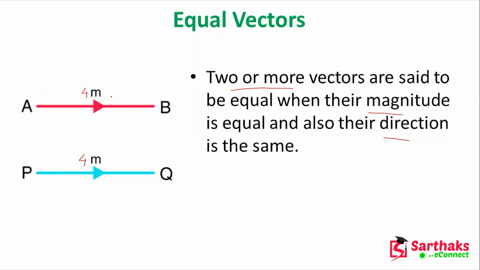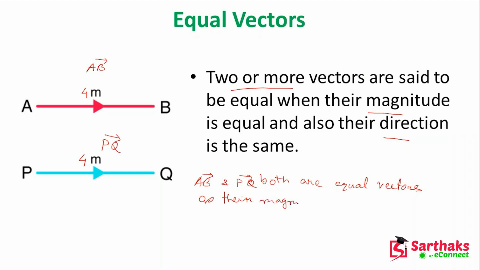That means the length of vector AB, this is vector AB, this is vector PQ. So vector AB and vector PQ both are equal vectors, as their magnitude and directions are the same.